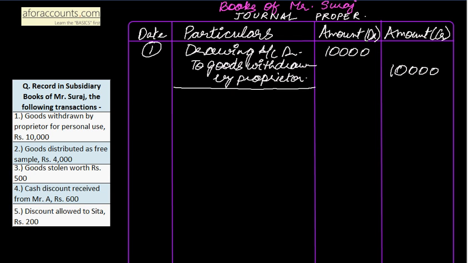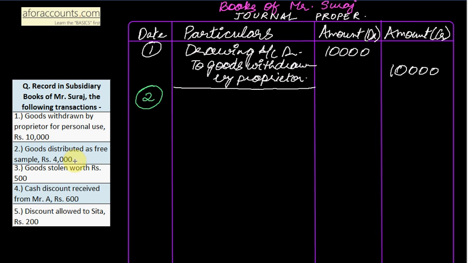Now second point, goods distributed as free sample, 4,000. Why will you distribute something as free sample? You want advertisement of your product, so you are distributing it as free sample. You want to make it popular among the crowd.